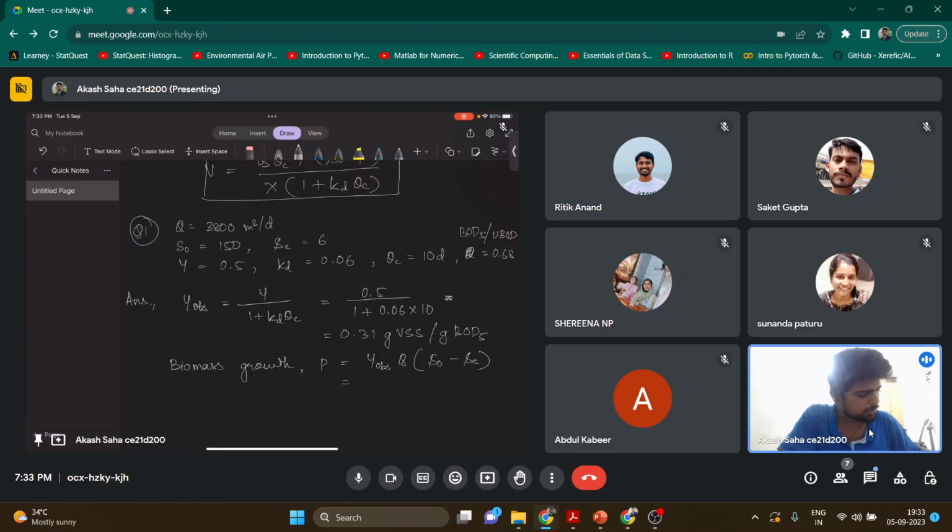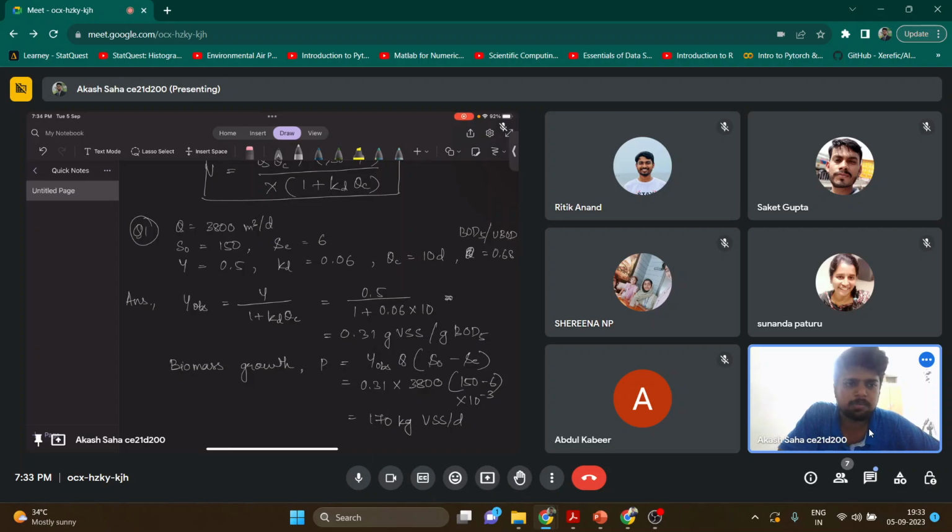So observed yield will be 0.31 into 3,800, 150 minus 6 into, to change it into kg, I am dividing it by 1000. So it will be equal to 170 kg VSS per day.